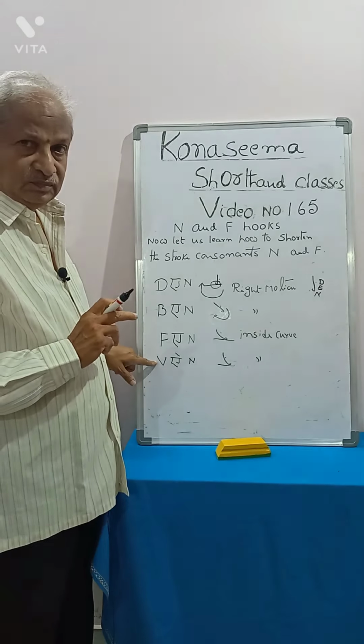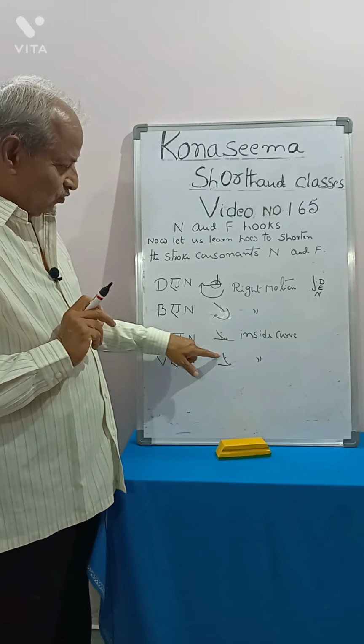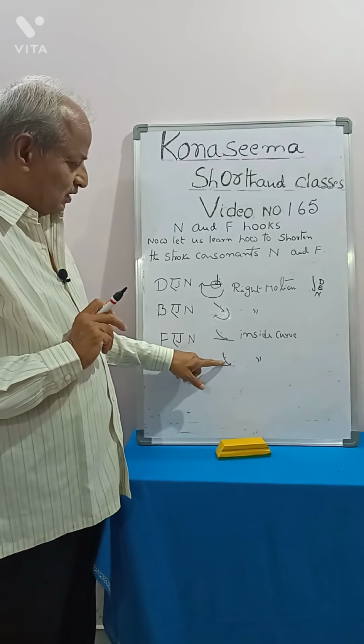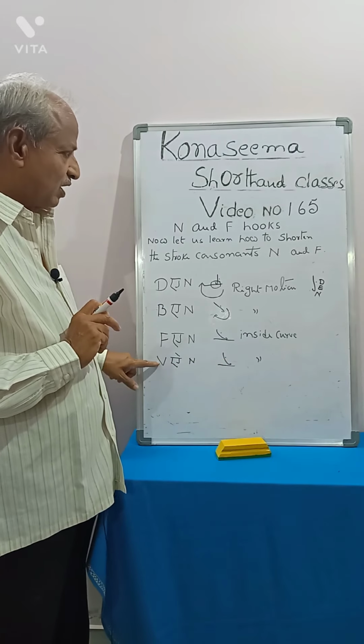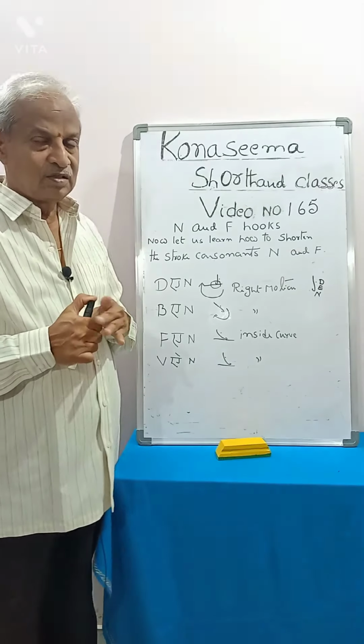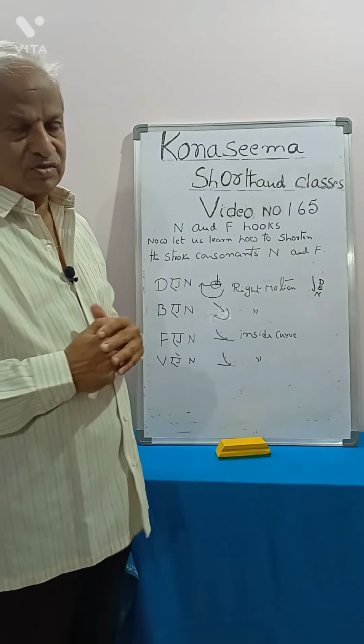Vein, you see the vein. V, N hook inside the curve with a thick dot in the second place, vein. Like this, we can write N hook to both straight strokes and shallow curves.